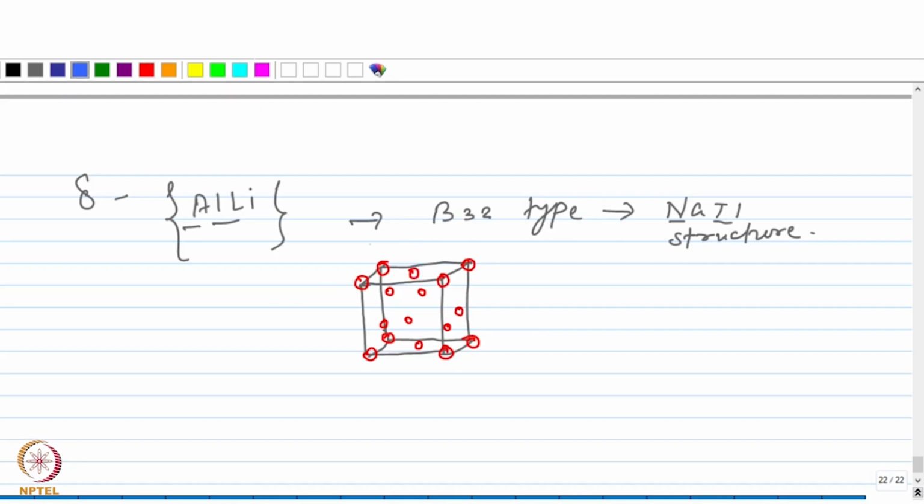So all these blue circles that you see now will be the aluminium atoms.